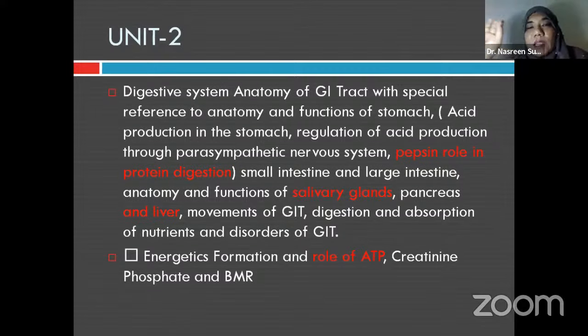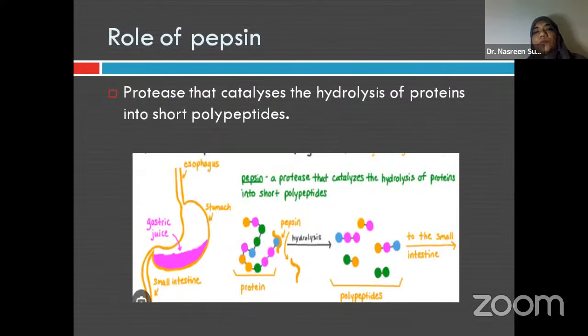So like this you have to study your unit 2. Then you have bioenergetics, where you study the formation and role of ATP, creatine phosphate and BMR. Most of the time ATP has been asked, so that only we are going to discuss here.